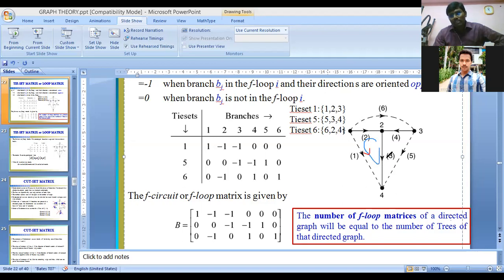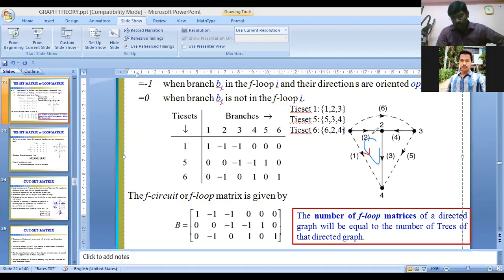So in this first loop, these 3 elements are present: 1, 2, 3. For the first element, the direction of current is similar to the loop, so for 1 it is +1. Coming to 2, the direction of this branch current is opposite to the loop current.